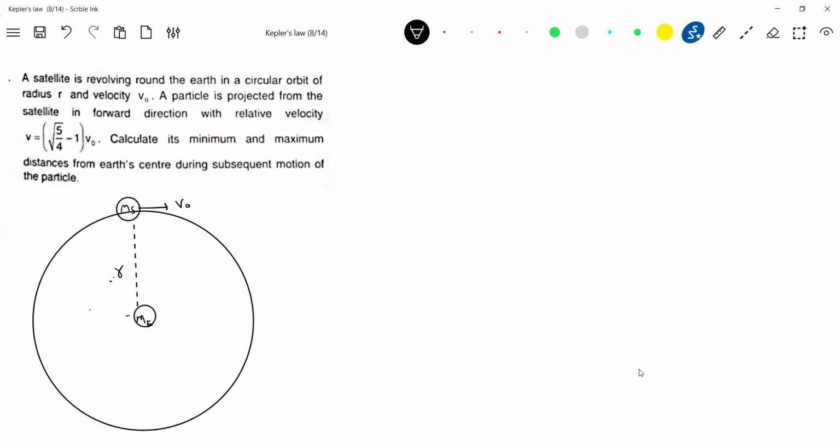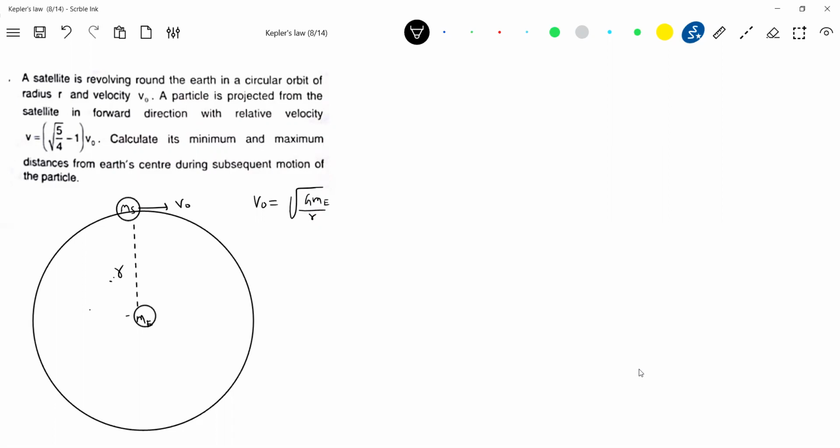Then a particle is projected from the satellite in the forward direction with a relative velocity. First, we'll analyze this. What is the orbital speed? The expression for orbital speed is root of GM by r.